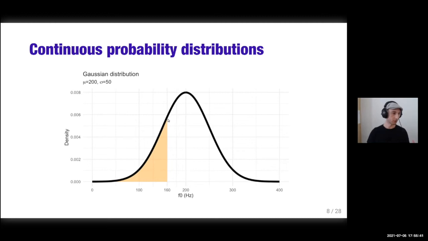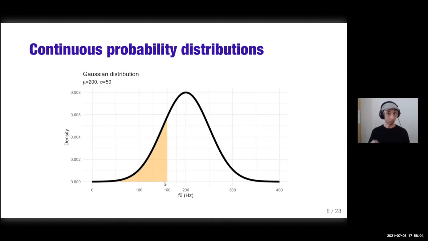So this is 0.2 out of 1, and that corresponds to 20%, right? So 0.20 is 20% of the entire probability distribution. So basically, you have a 20% probability of getting any value for f0 that is below 160, right?